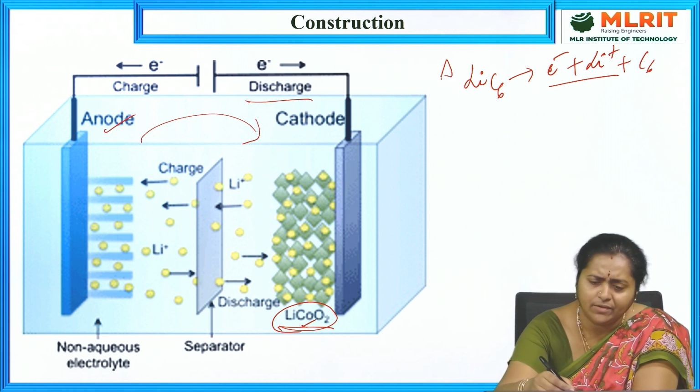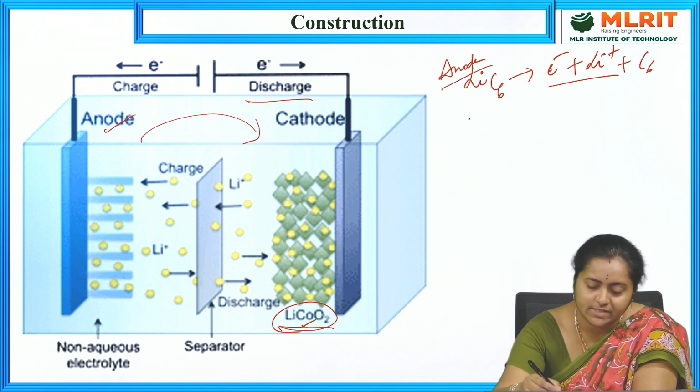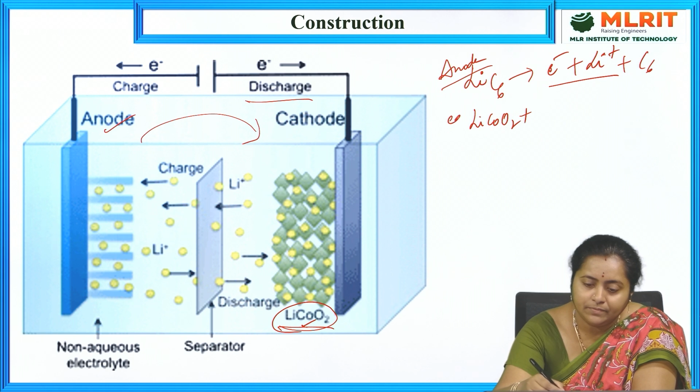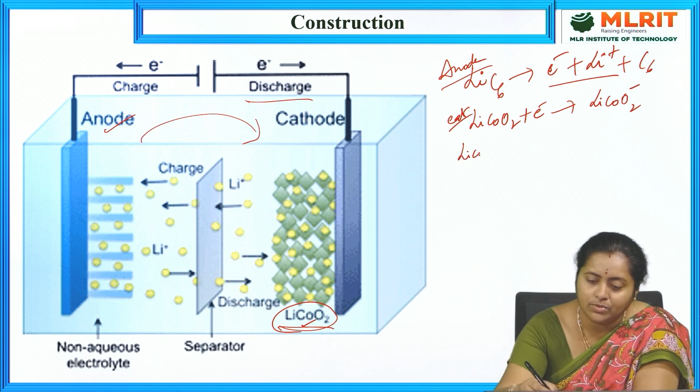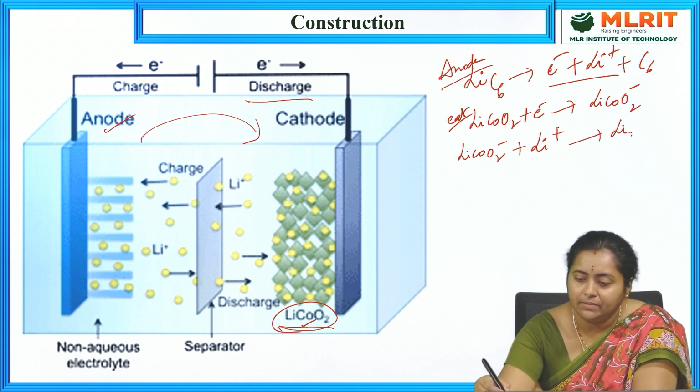So this is the anode reaction, and in cathode we are having LiCoO2. It is able to accept an electron, and as a result it converts into LiCoO2 minus. This LiCoO2 minus is able to combine with lithium, thereby converting into Li2CoO2.